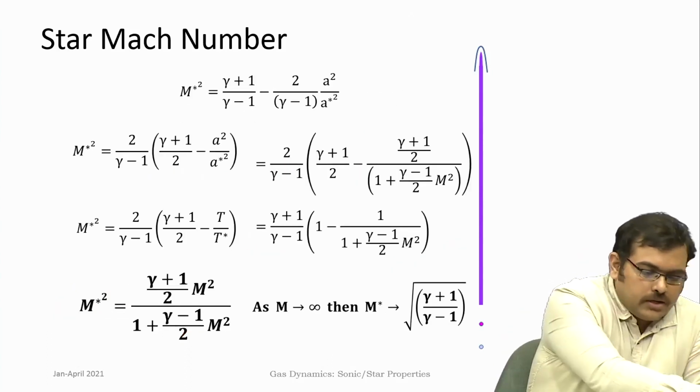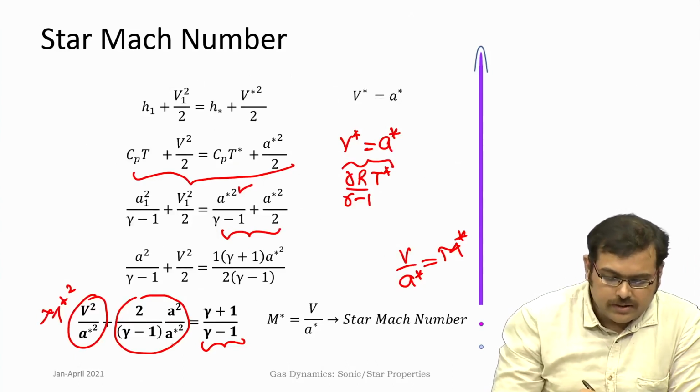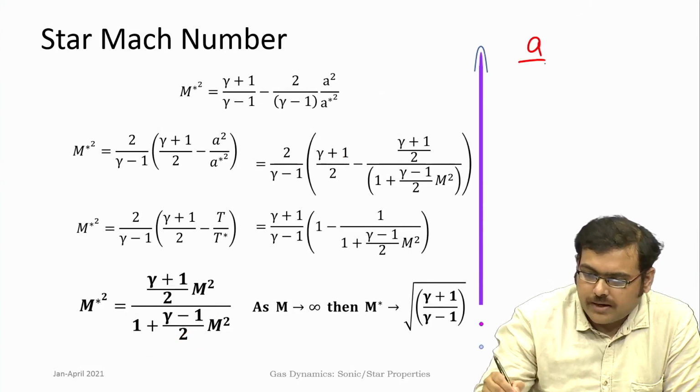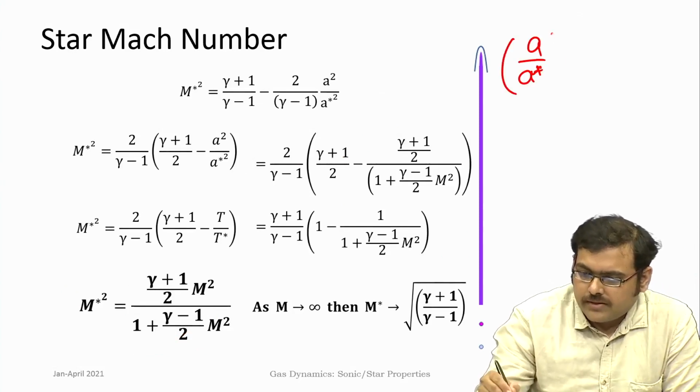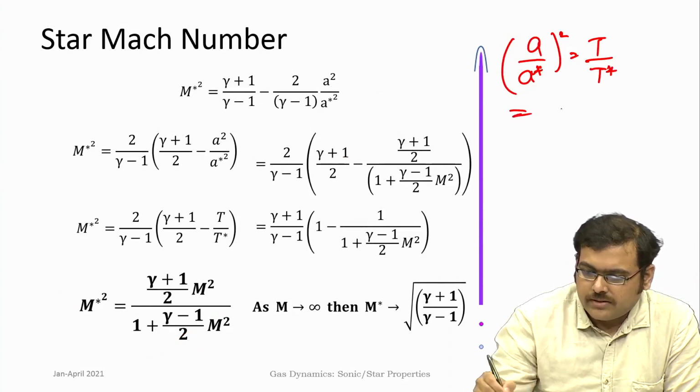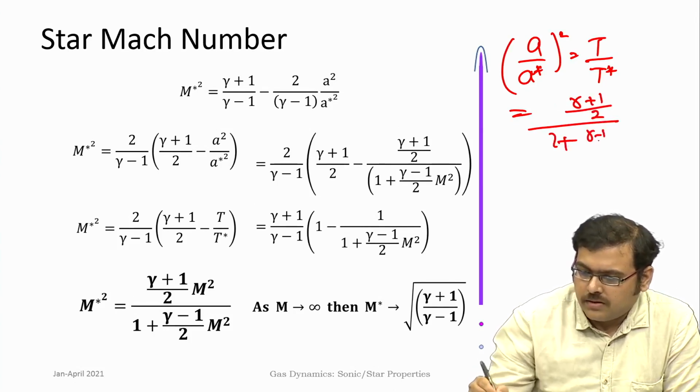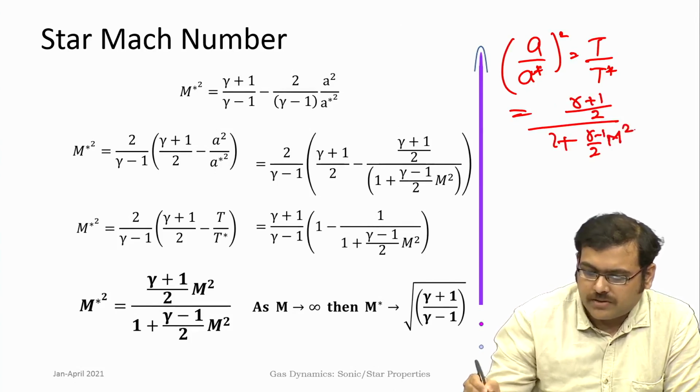Now here in this equation, A by A star square is nothing but T by T star, and this is known, T by T star is gamma plus 1 by 2 divided by 1 plus gamma minus 1 by 2 M square.